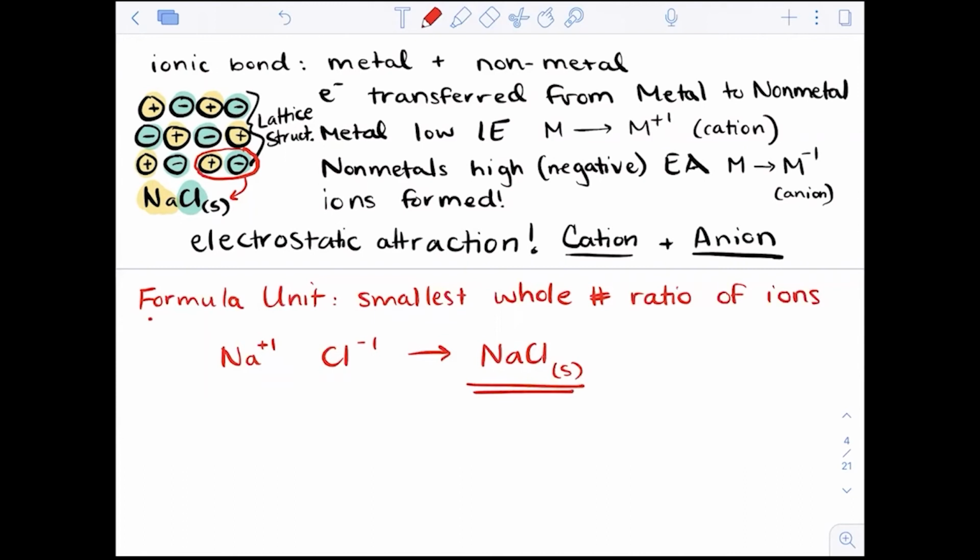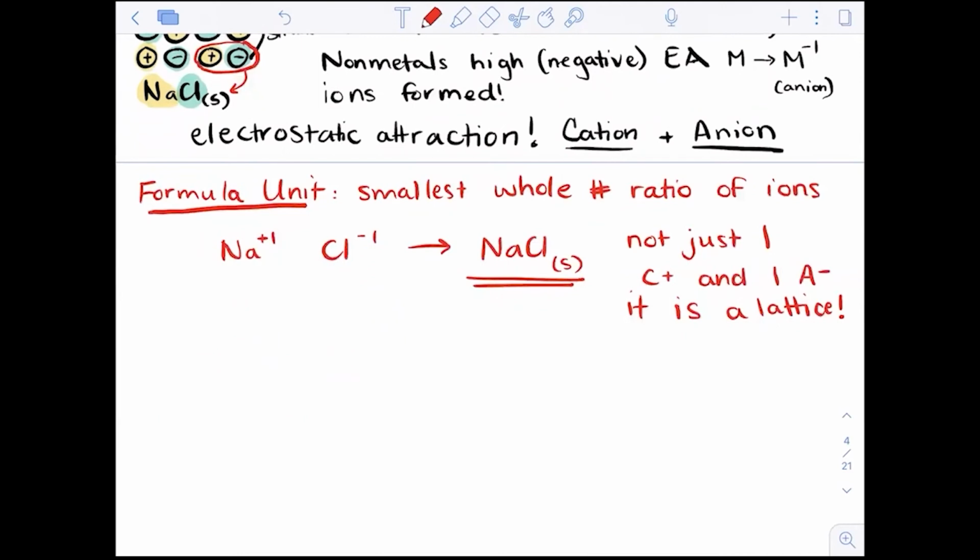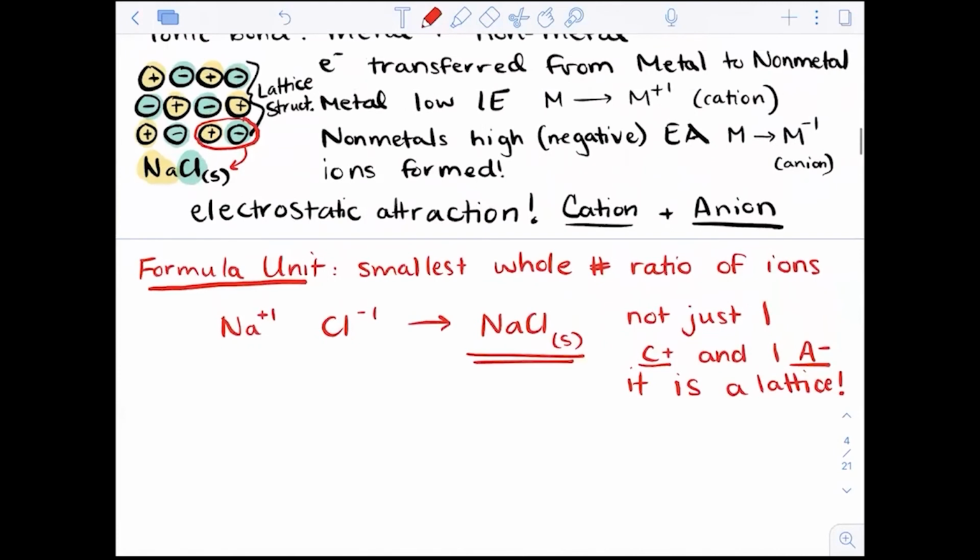It's going to be called a formula unit because in reality, it's not just one cation and one anion. It's a lattice of a huge amount of cations and anions, right? It's this buildup. And we'll talk about lattice energy in just a little bit.